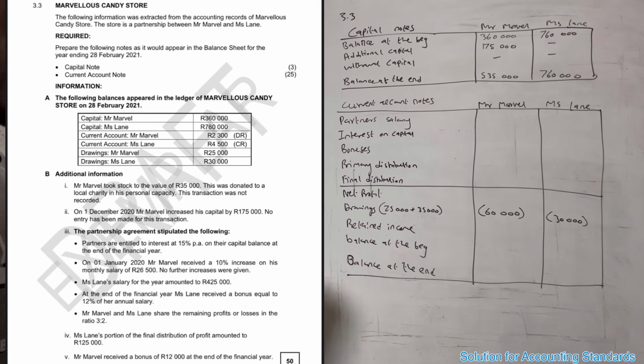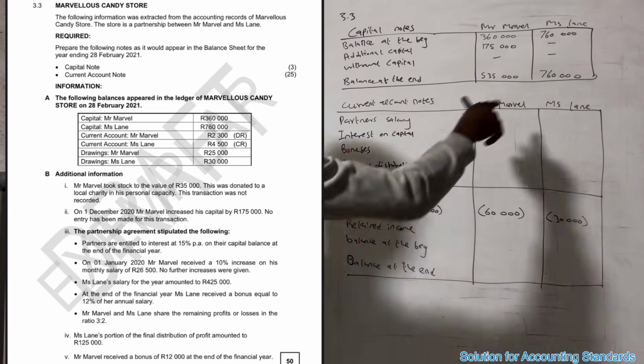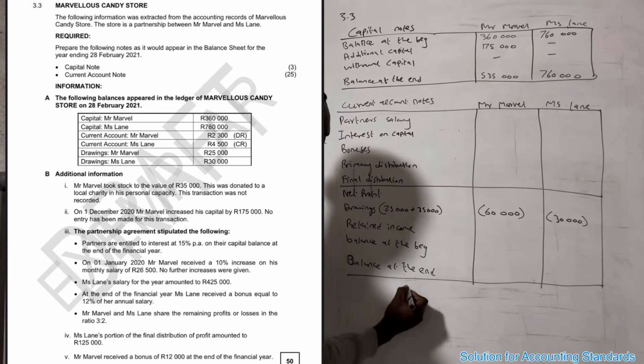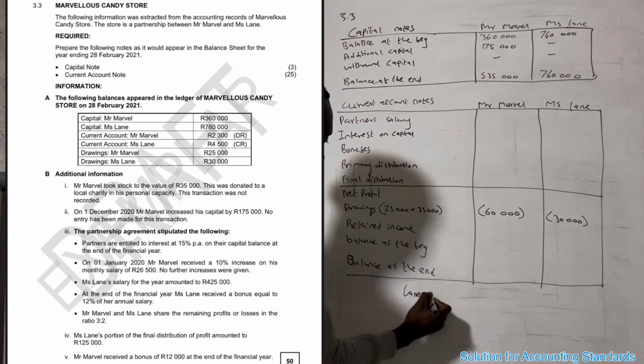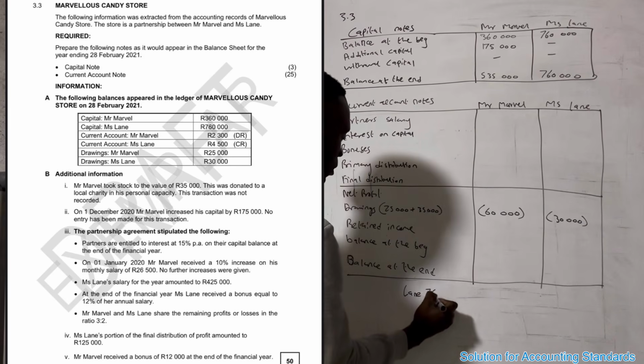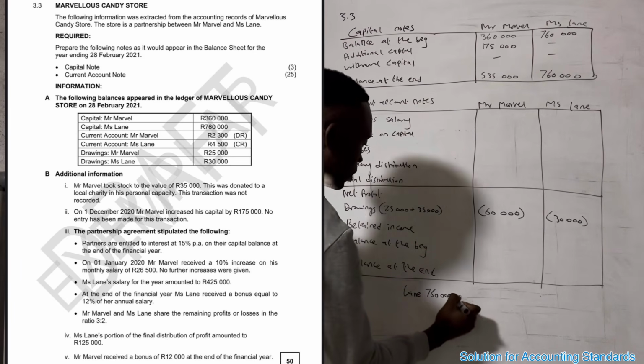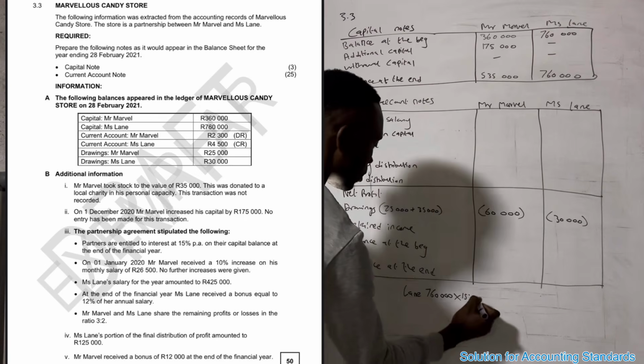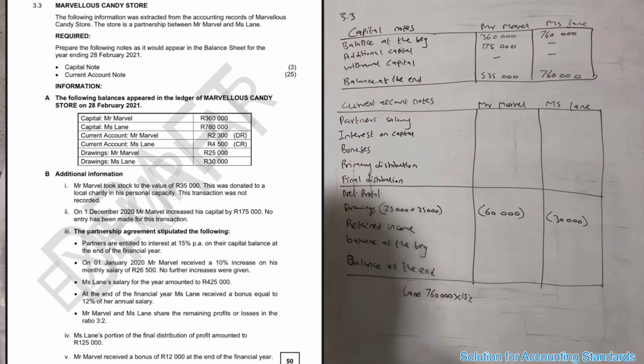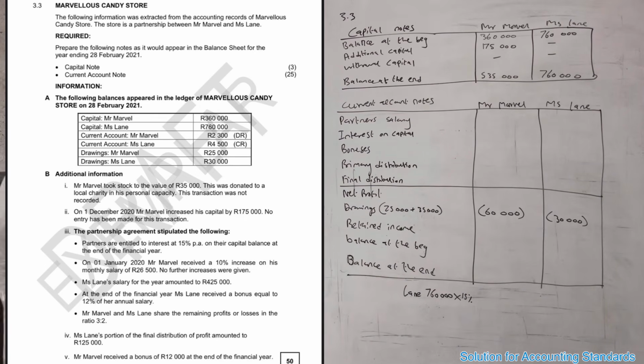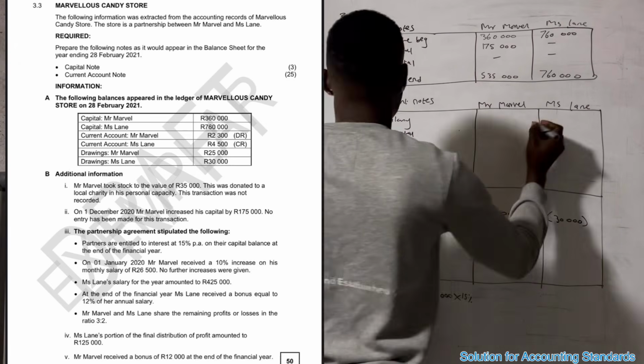The partners agreed to stipulate the following. Partners are entitled to interest of 15% per year. Let's calculate the interest. We can start with Mrs. Lane because Lane is cheap, it's simple. It's 760,000, no changes, multiplied by 15%. And it's gonna give you the interest of 114,000.